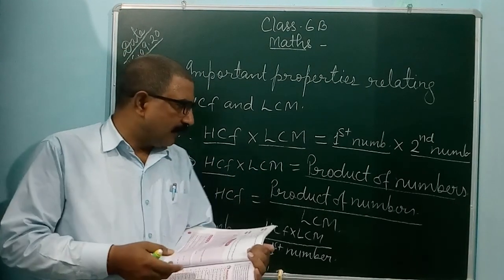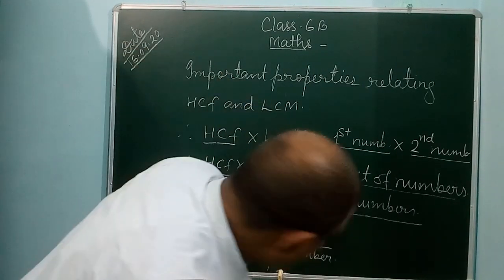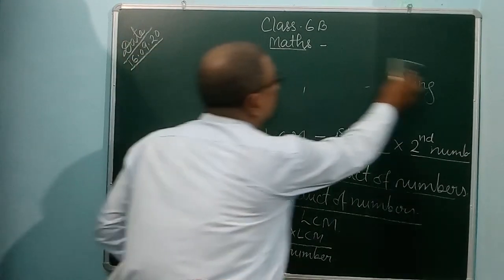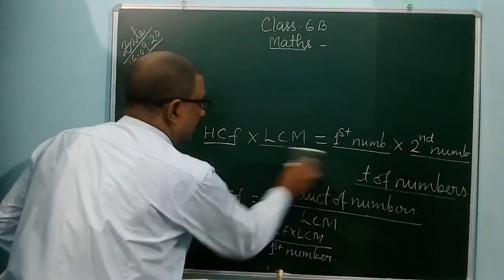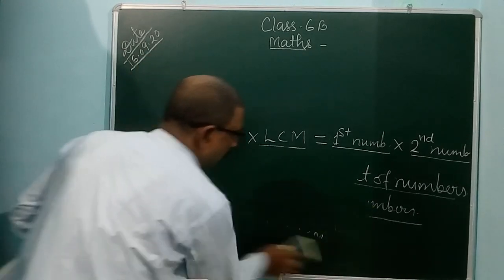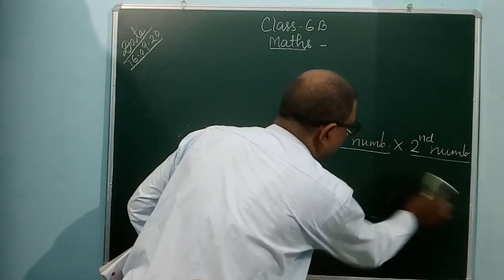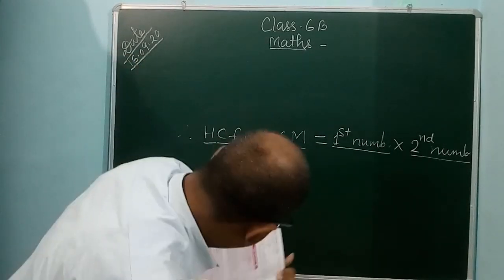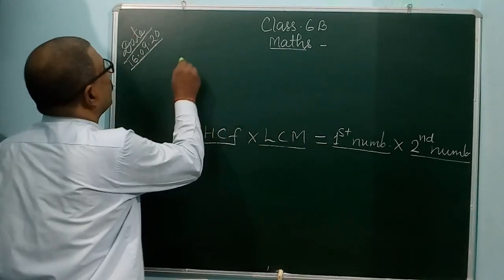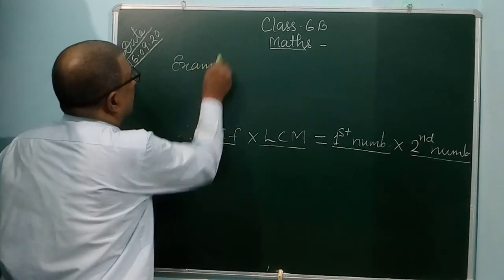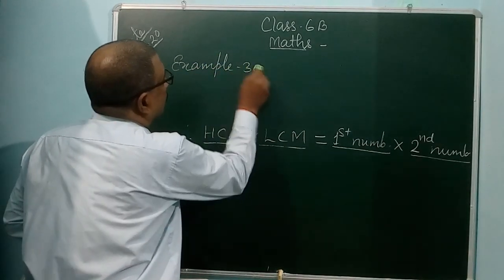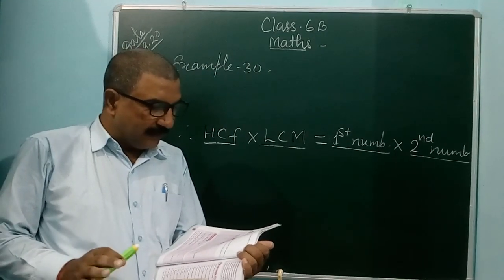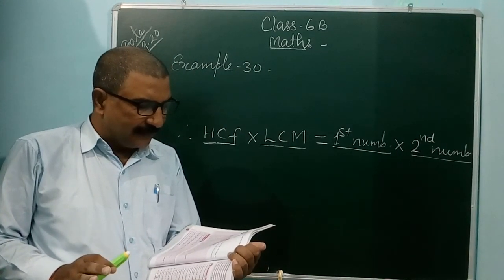So as you know already, example number 30. The HCF and LCM of 2 numbers are 13 and 1989.